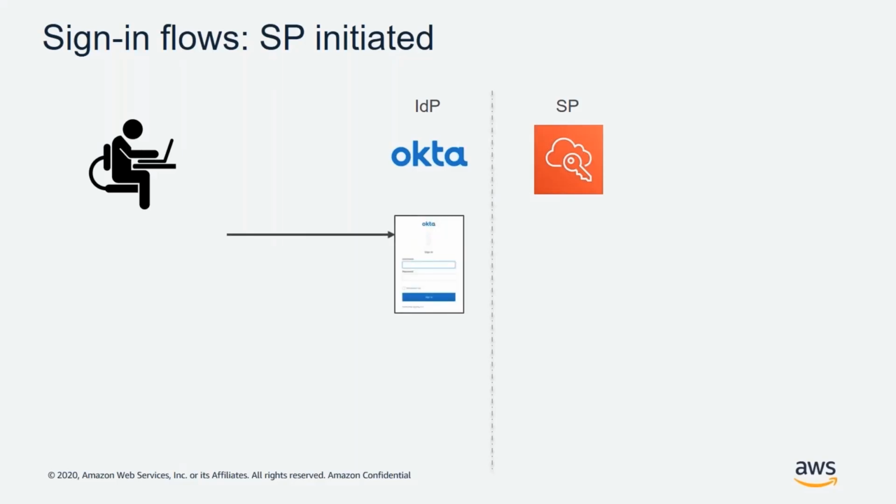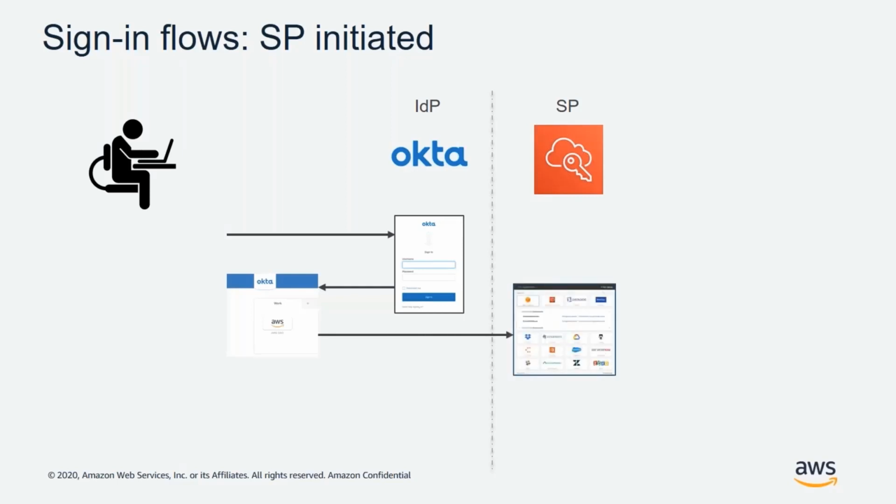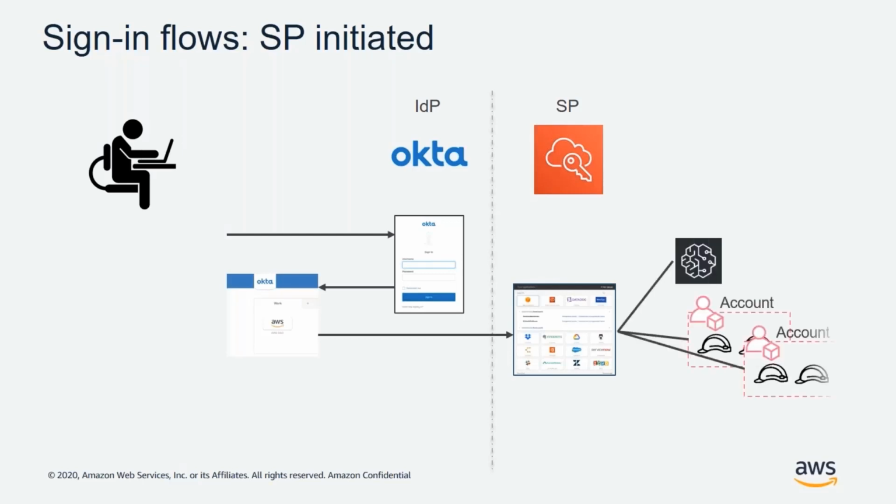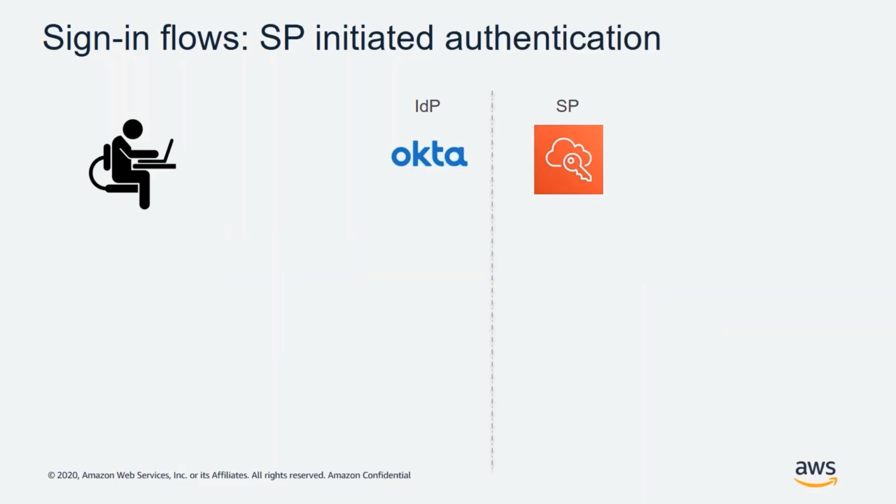In this case, the user sees the sign-in screen of the IDP and signs in. Typically, the IDP sends the user to the IDP's user portal. From there, the AWS user accesses the AWS SSO user portal. Then the user navigates to the AWS accounts, roles, and AWS SSO integrated applications.